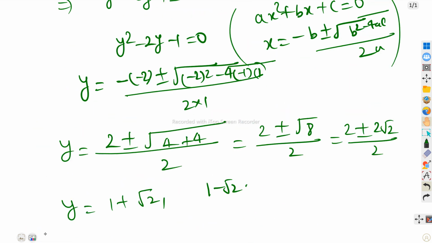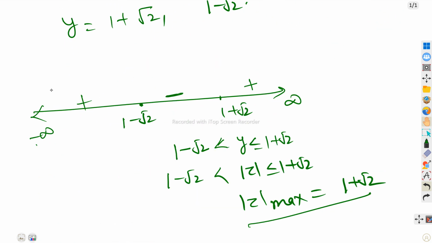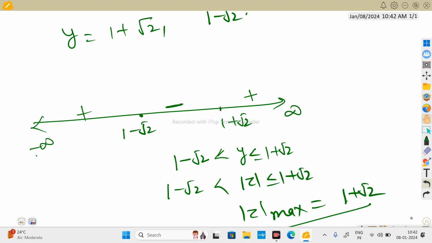We have to find only those values of y for which the quadratic expression is negative. So in the interval 1 minus root 2 to 1 plus root 2 the expression is negative, and this is the valid interval of y. So the maximum value of mod z in the given inequality is 1 plus root 2. So we have solved our problem. Thank you.